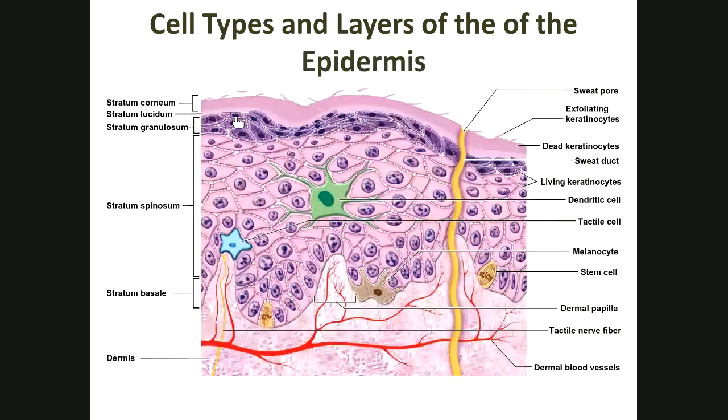After stratum granulosum, you can see a very light layer which is very translucent. We call it a stratum lucidum. And this stratum lucidum contains 2 to 3 layers of dead cells. This is a clear layer. It's located superficial to a stratum granulosum, and we don't have it in the other parts of our body.